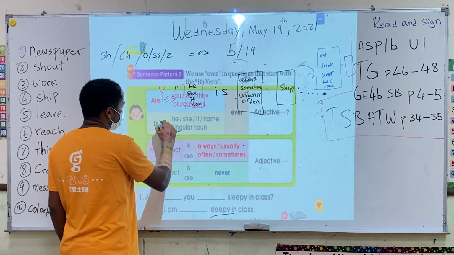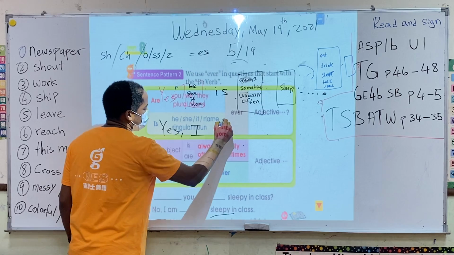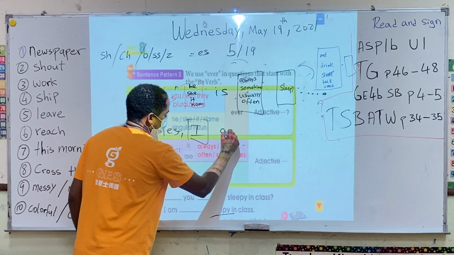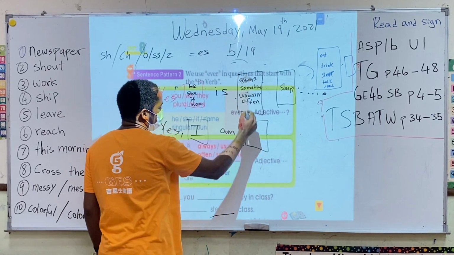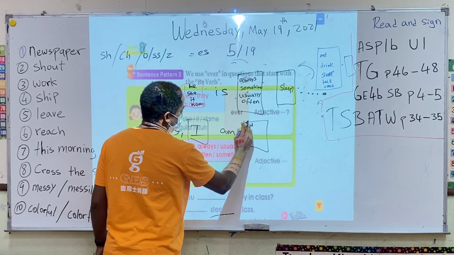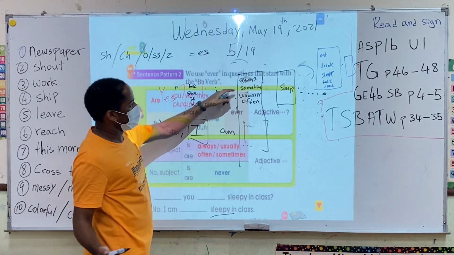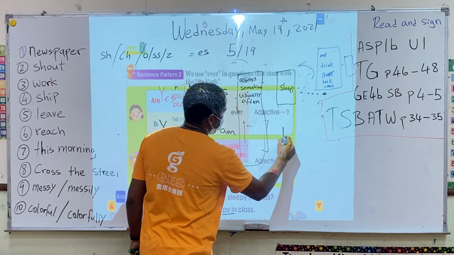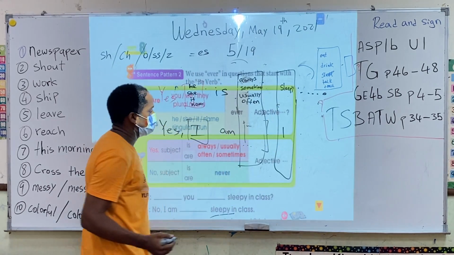For example, yes. Now we have I, so you use am. So yes, I am, followed by the same: always, sometimes, usually, often, and then the adjective, so sleepy. These are the same.